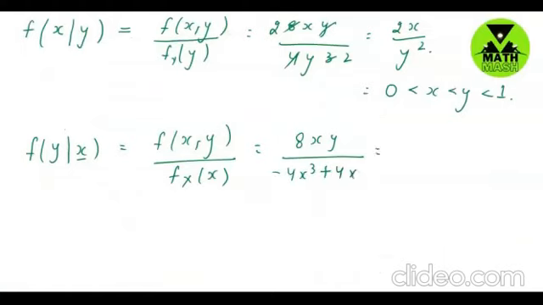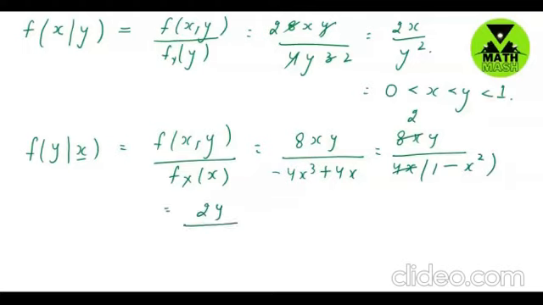So we can take 4x common. So this is 8xy divided by 4x times 1 minus x square. So the x cancels out and we get 2y divided by 1 minus x square whenever this condition is satisfied. So this is the conditional distribution of y given x, and this is the conditional distribution of x given y.